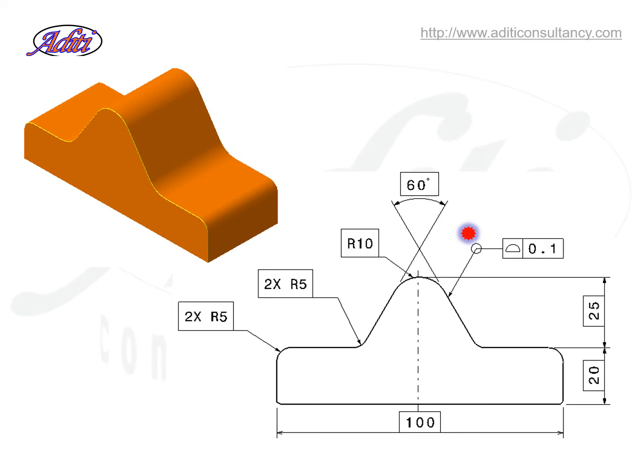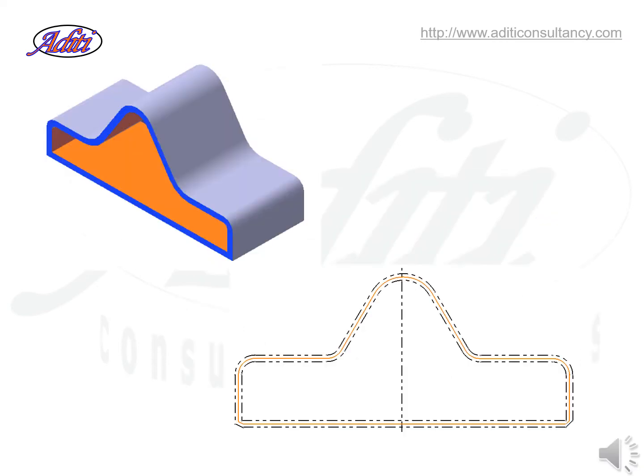The meaning of this is that all around the outer surface of this part should get controlled within a profile of a surface tolerance of 0.1 mm. The three-dimensional profile of a surface tolerance zone applicable in this case is as shown in this sketch. The two all-around limiting boundaries of the profile tolerance zone are derived from the nominal profile.